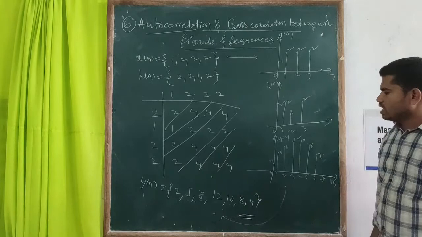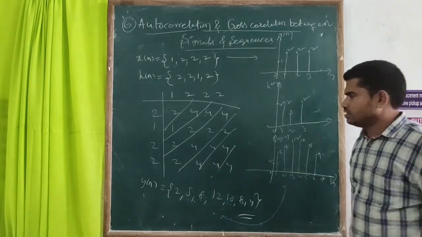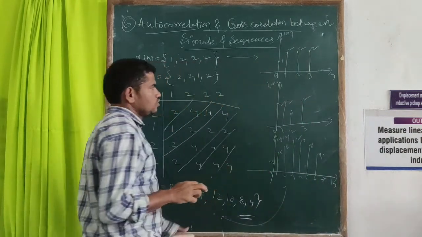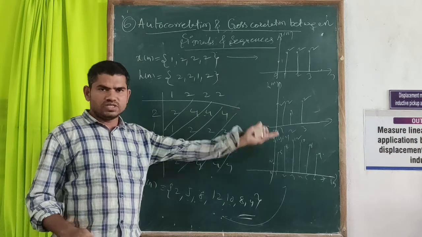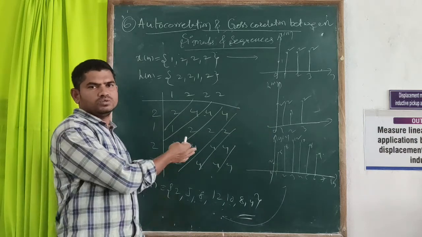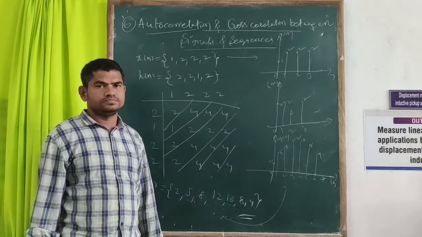This is the output for the autocorrelation, same as it is for cross correlation. So for the same output, you have to draw the graphical representation for the autocorrelation also.